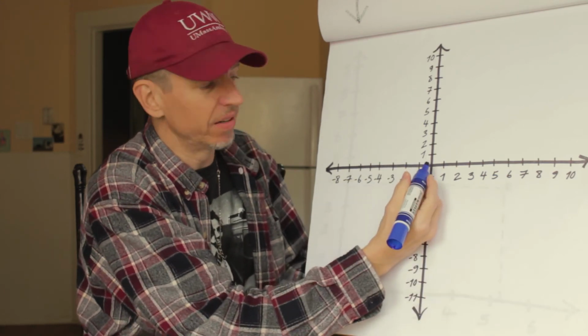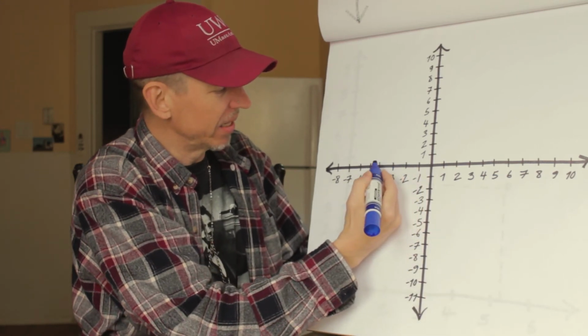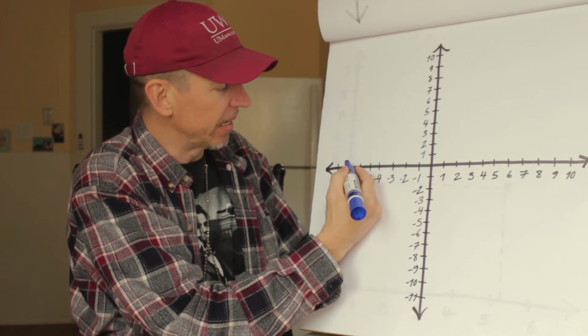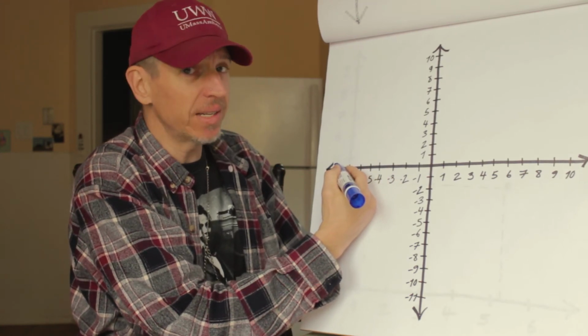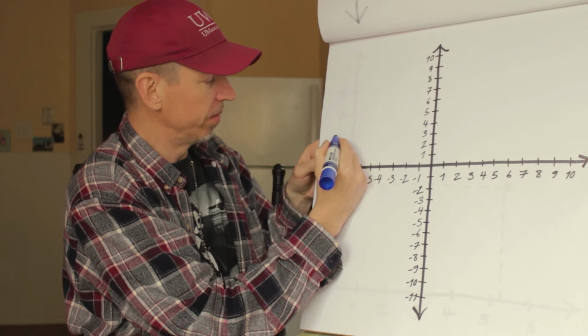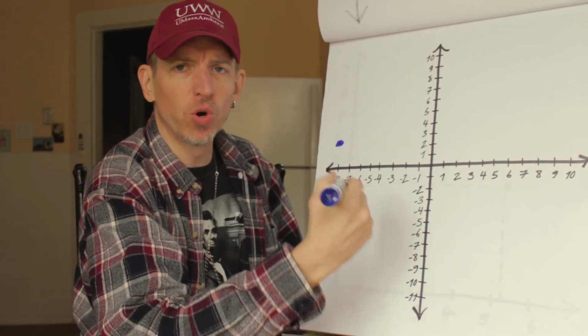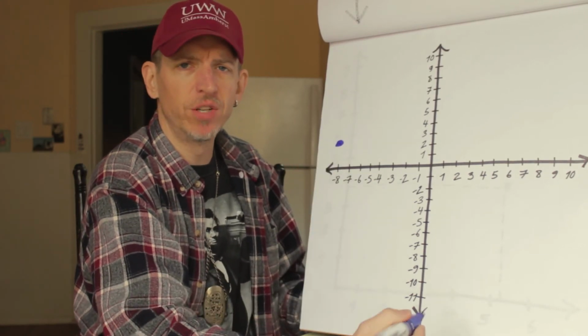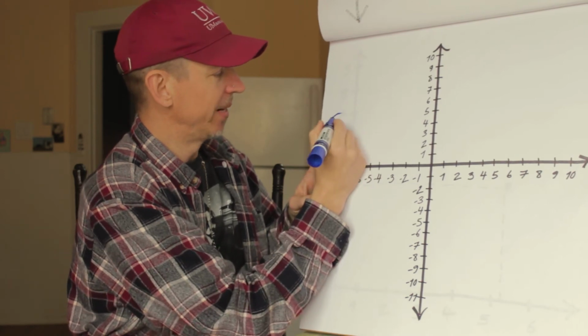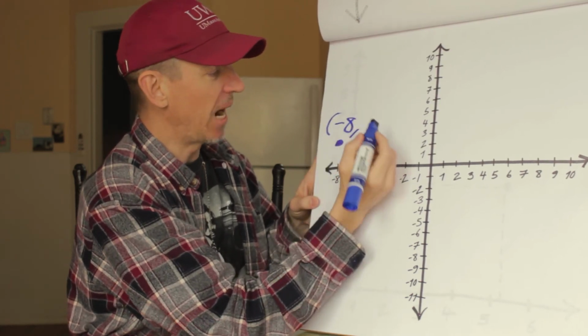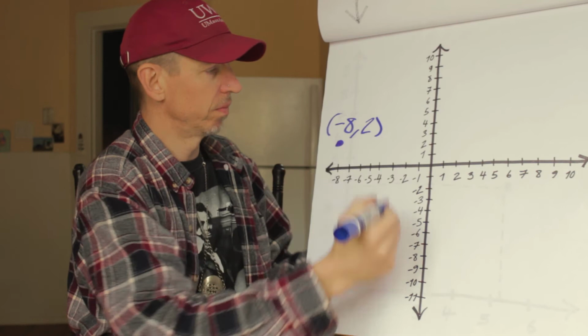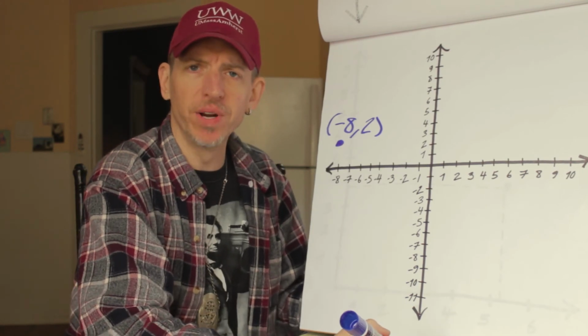Entonces, negative 1, 2, 3, 4, 5, 6, 7, 8. Positive 1, 2. What's the coordinate pair for that dot? You may already know. Negative 8, positive 2. Now sometimes both of the numbers is negative.